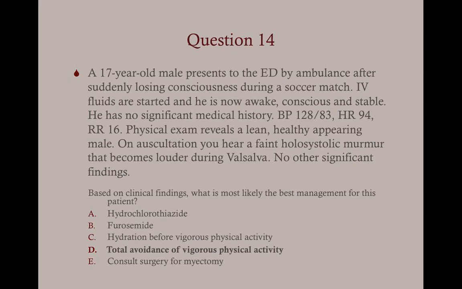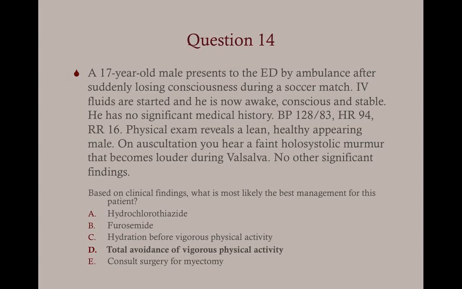Remember that there are 4 lesions where the murmur will improve with Valsalva, and there are 2 murmurs that will get louder during Valsalva. So the 4 murmurs that get quieter or better during Valsalva would be your aortic stenosis, aortic regurgitation, mitral stenosis, and mitral regurgitation.